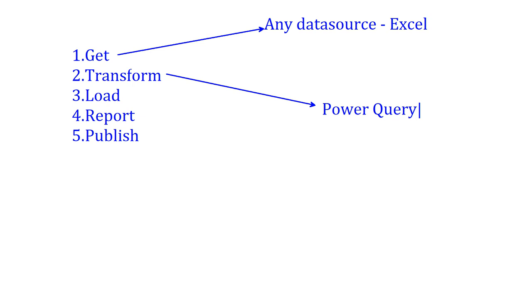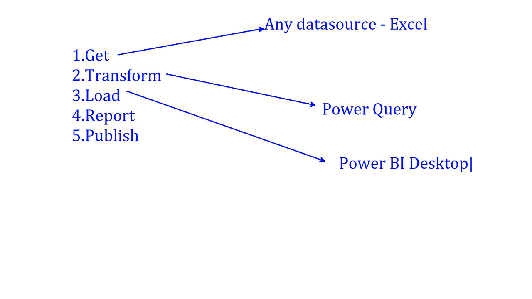Next, load. Where are we going to load the data? We are going to load the data in Power BI Desktop. Then we are going to create a report. Where are we going to create a report? That's also in Power BI Desktop. So loading and creating a report can be done in Power BI Desktop.